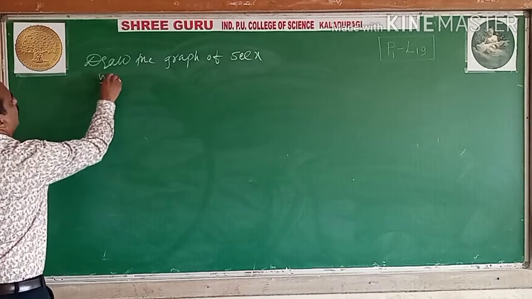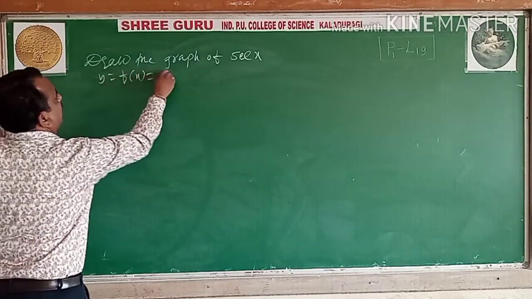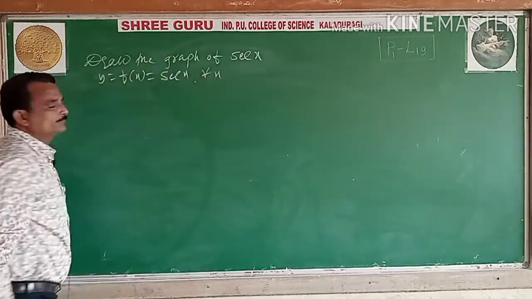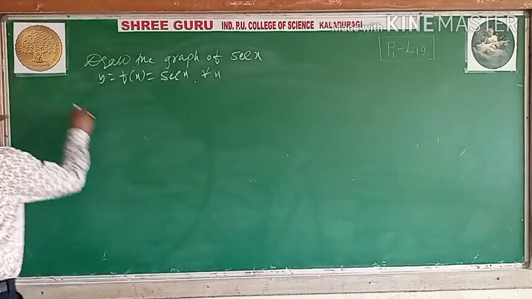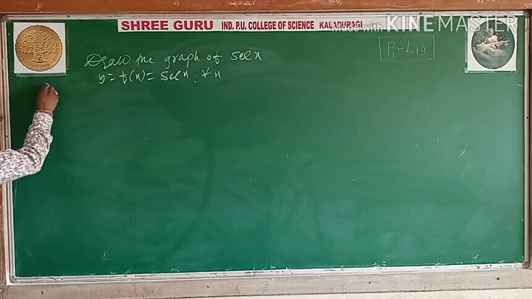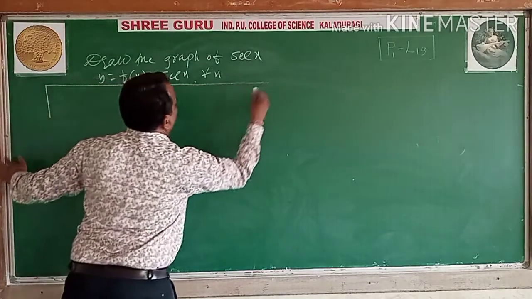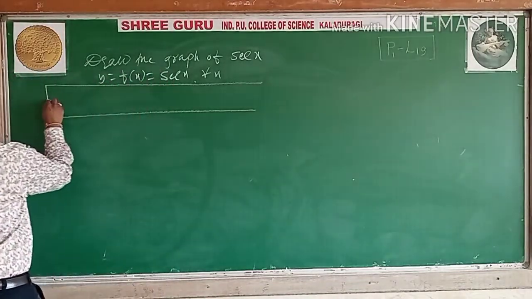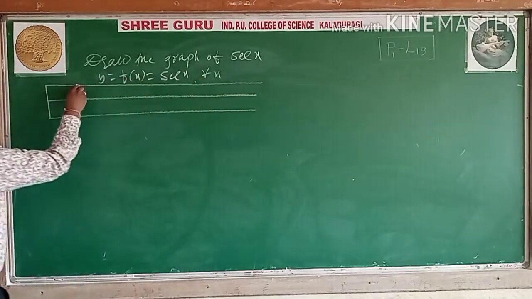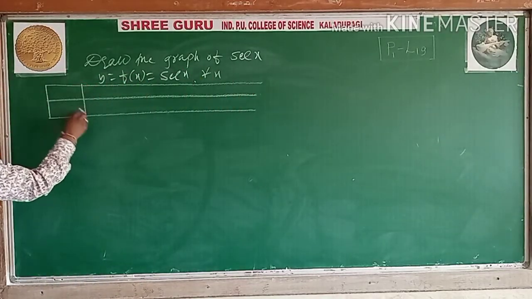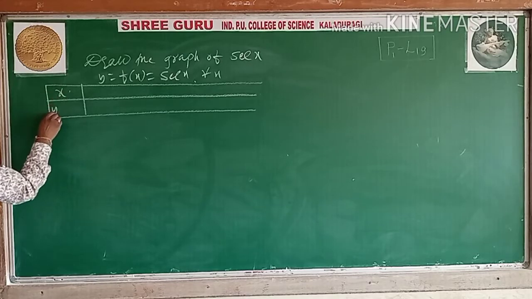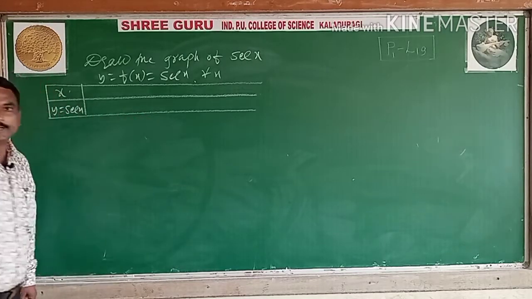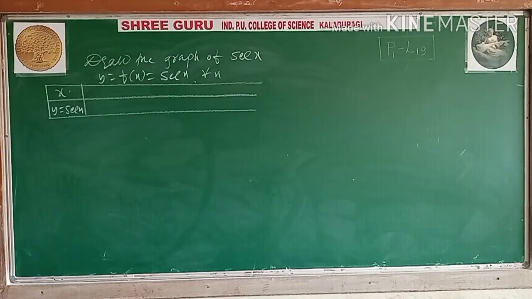Let y equal f of x equal secant x, for every x. Let us make the table here. We will make a similar type of table here. We will calculate the table, students. x value, y equal to secant of x. We will calculate y equal to secant of x.